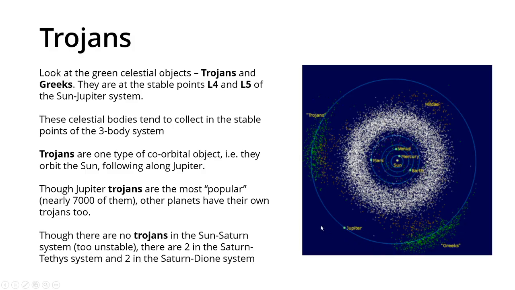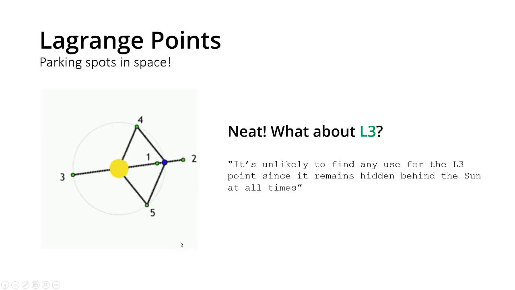If you notice, these green asteroids, where do they stay? They stay in the L4 and L5 of the Jupiter-Sun system.